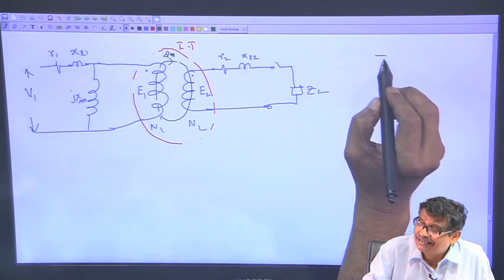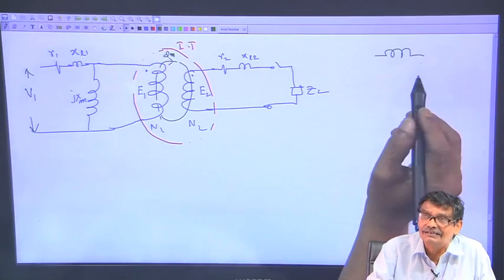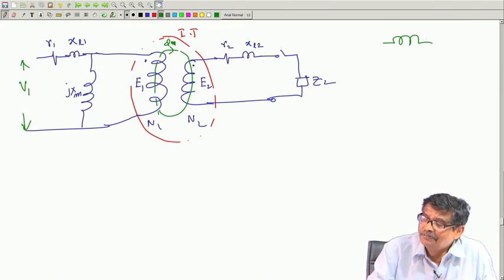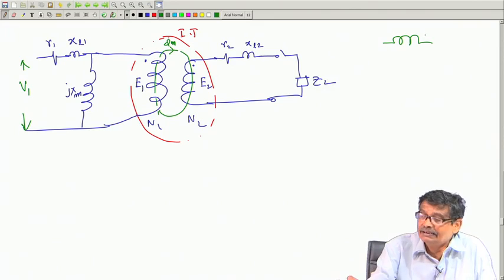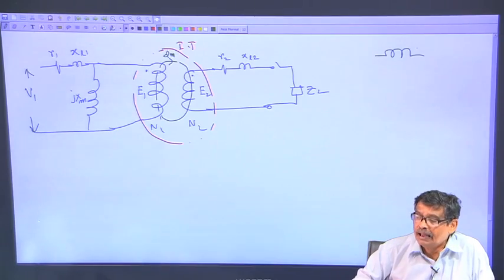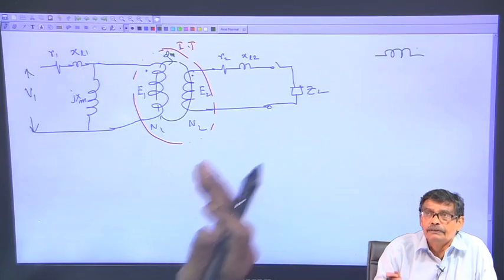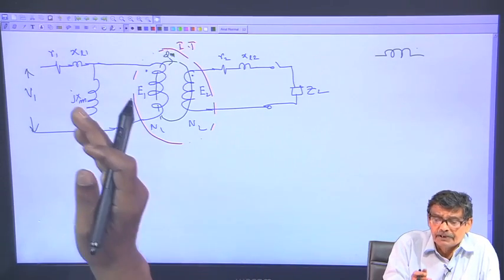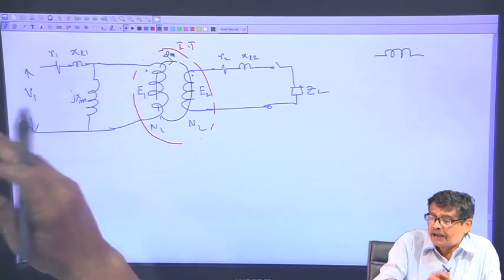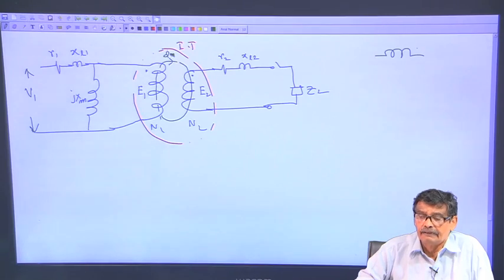As in any inductance, whatever is the flux, that is the drop here, and it is not mutually coupling to another coil. Therefore, there is no energy transfer because of X L1 from primary to secondary side.